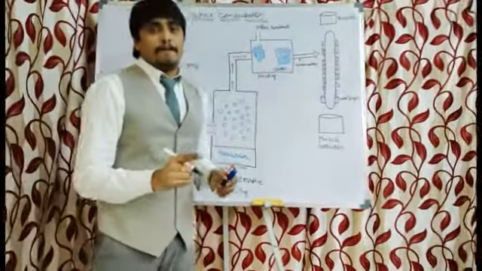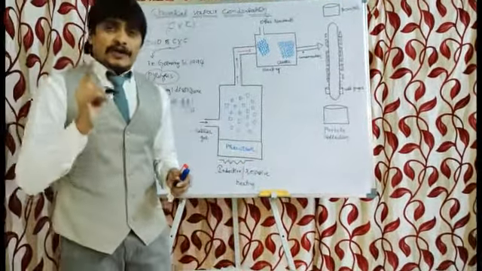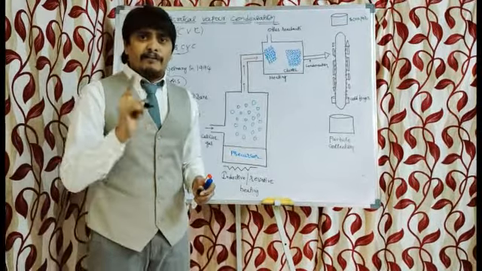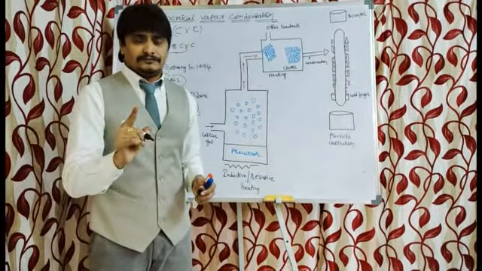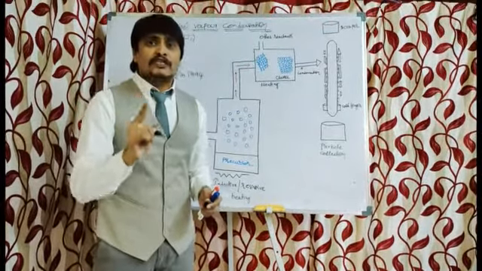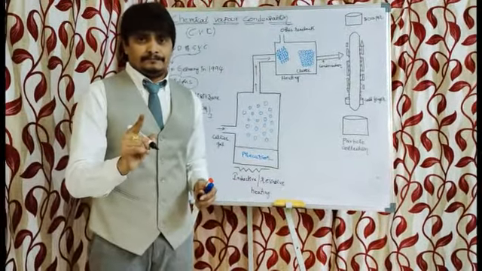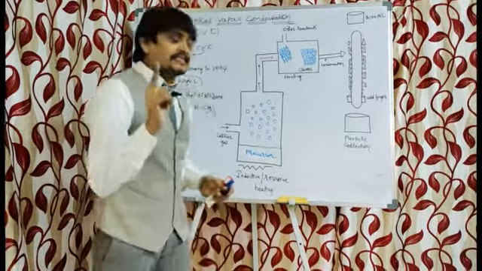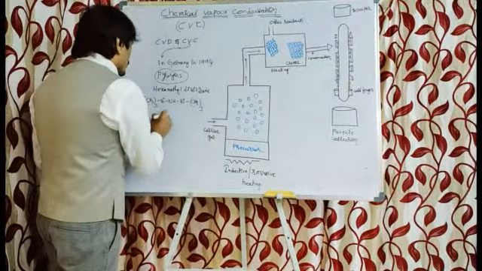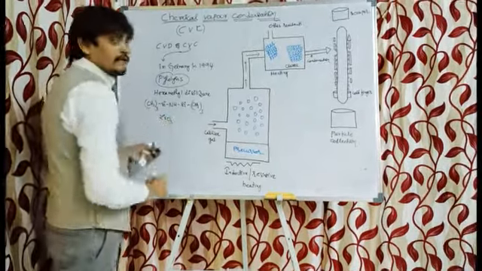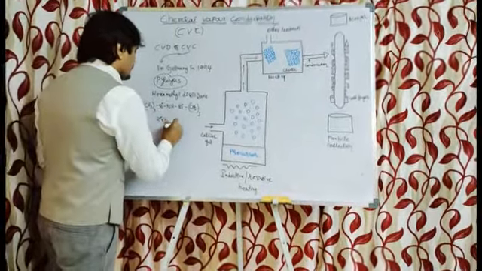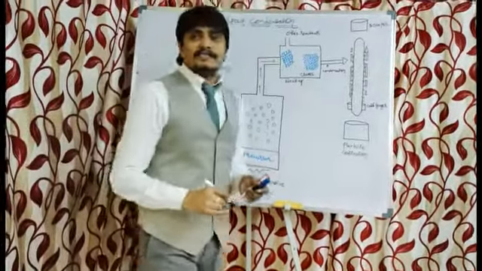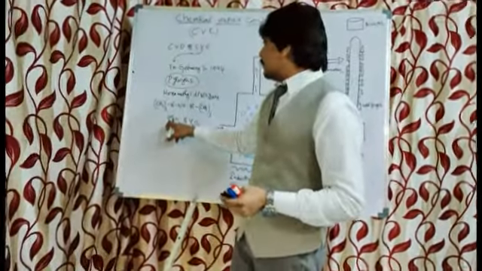Now, already I have discussed that this particular method of chemical vapor condensation is useful for the preparation of metal-based or ceramic-based nanomaterials such as zirconium dioxide and yttrium oxide.